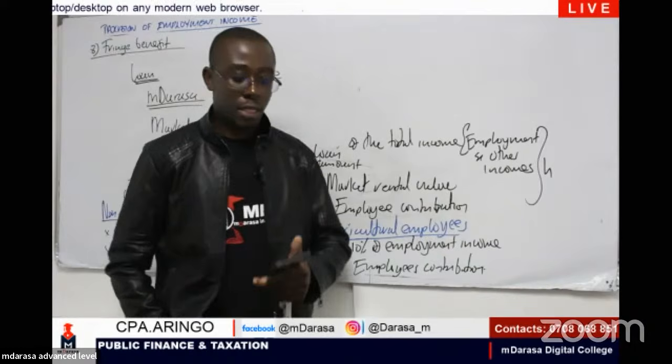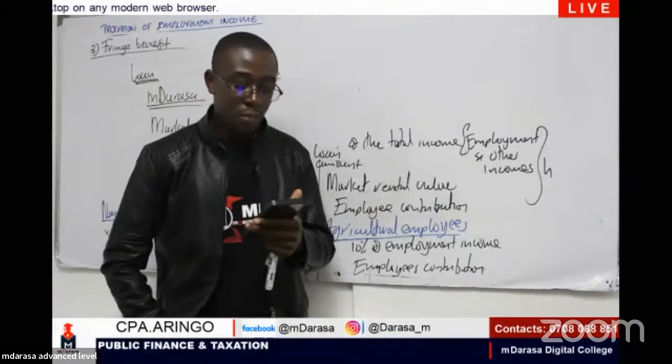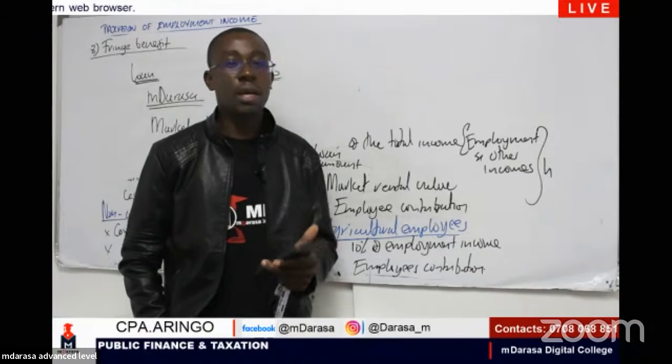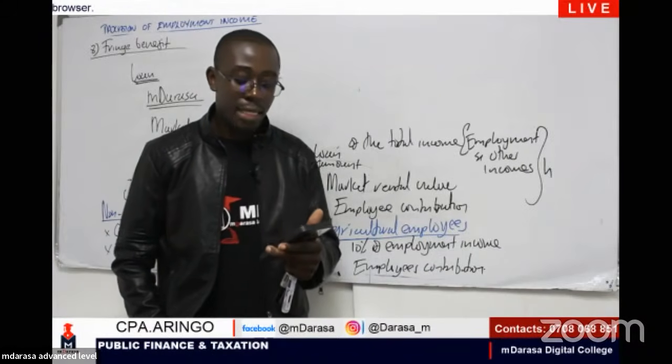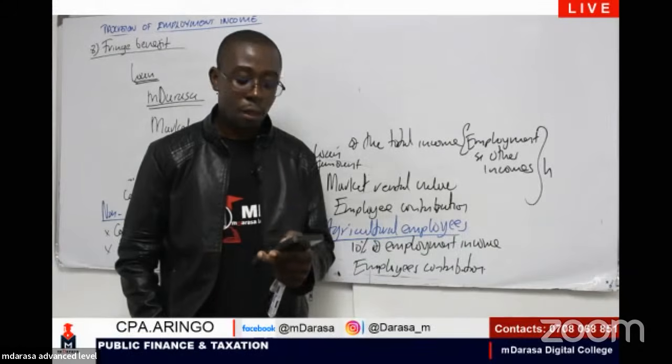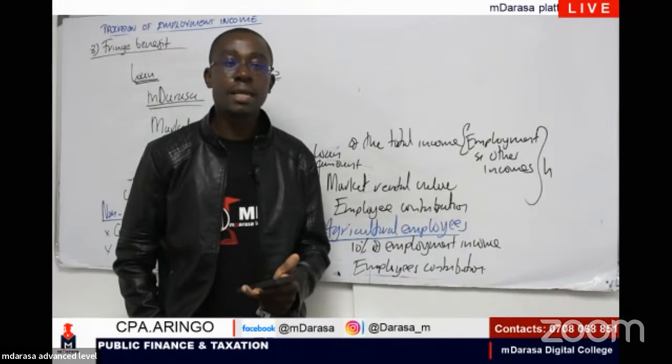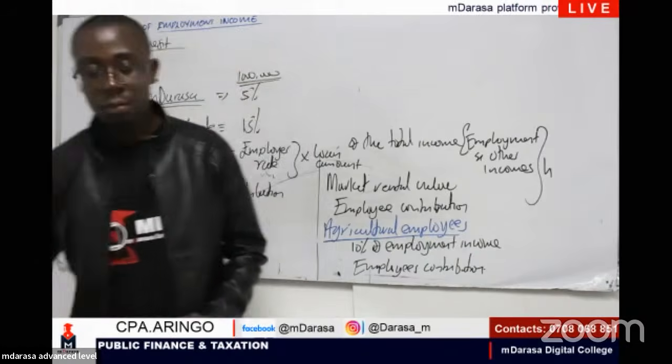I repeat the statement again: a fringe benefit arises when employees are granted loans by the employer at an interest rate that is lower than the prescribed or market interest rate.